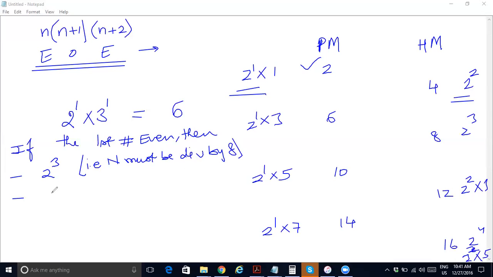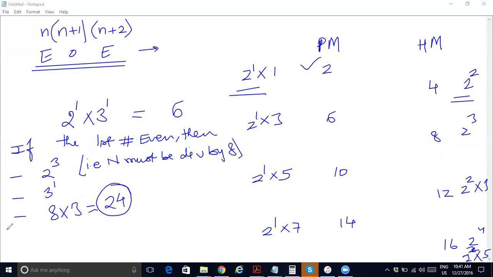And a 3 will always be there. If we combine these two, we get a multiple of 24. So whenever the number starts with an even number, the product of 3 consecutive integers will always be divisible by 24.